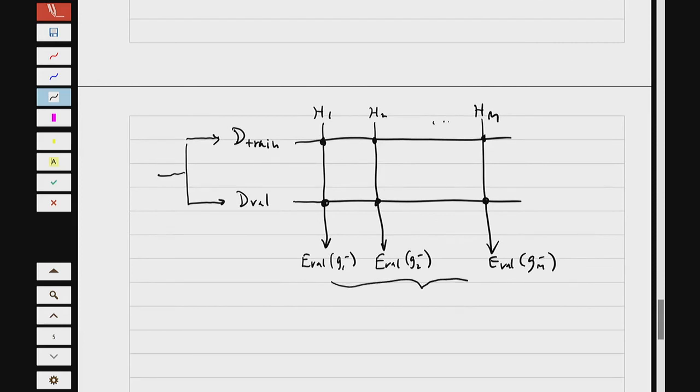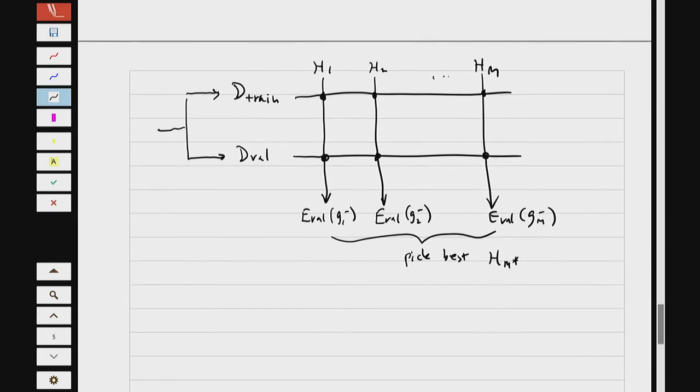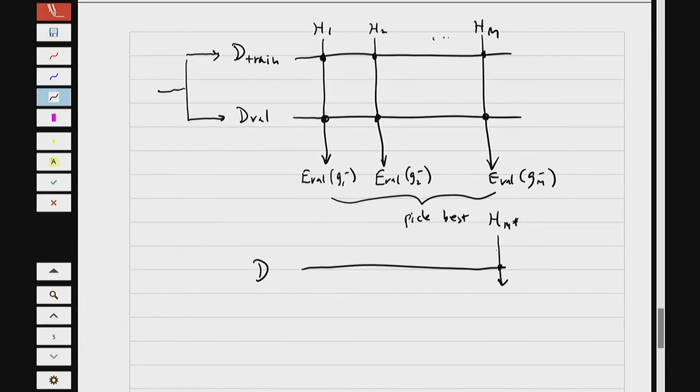Among these validation errors, you pick the best one, HM star, and then you use the entire data set D to train this HM star to finally get GM star. That would be the final solution you give. And D, of course, was previously also sent to the above for the D-train and D-val, right? This is exactly the same figure as in the textbook anyway.